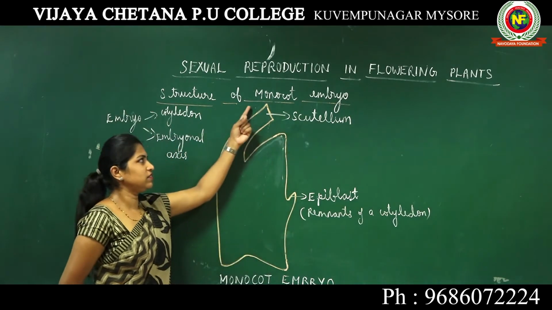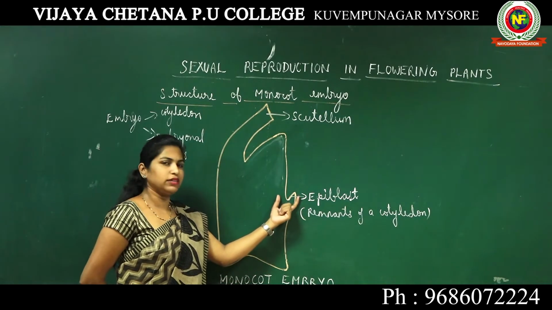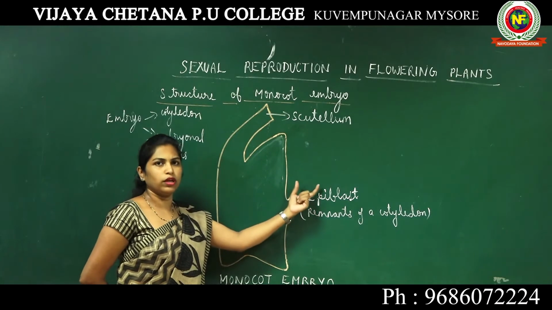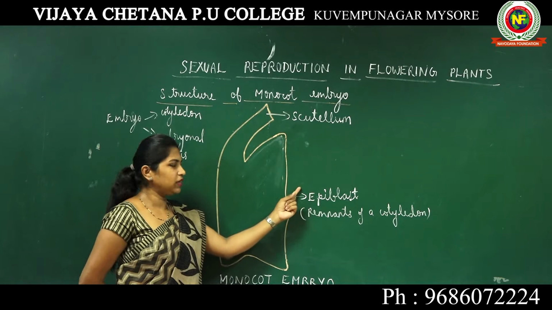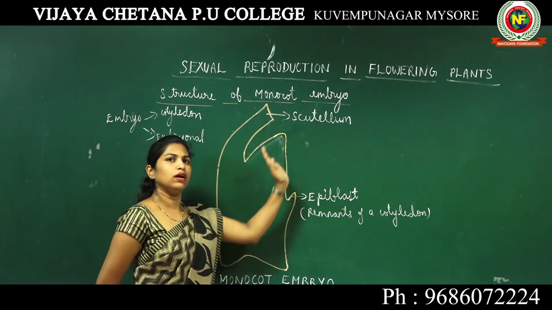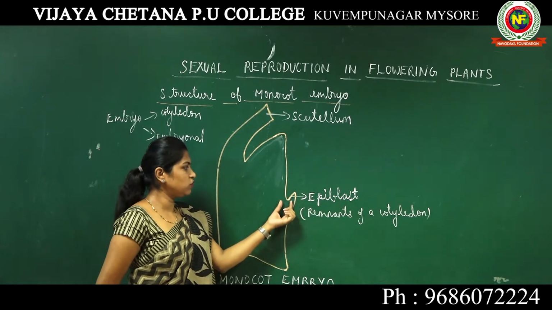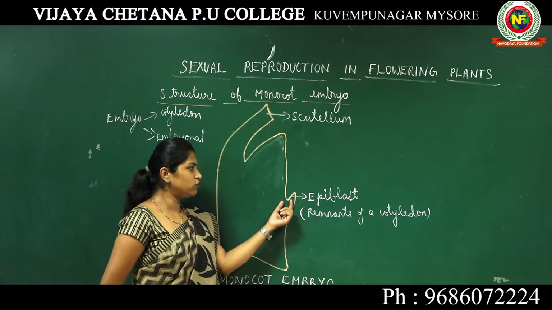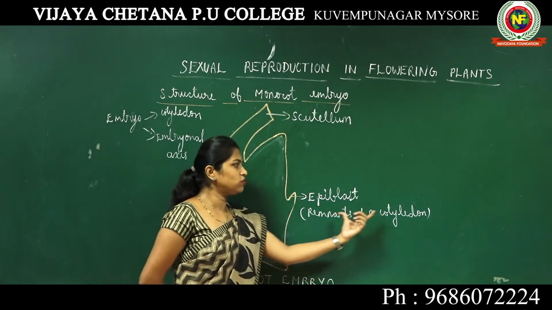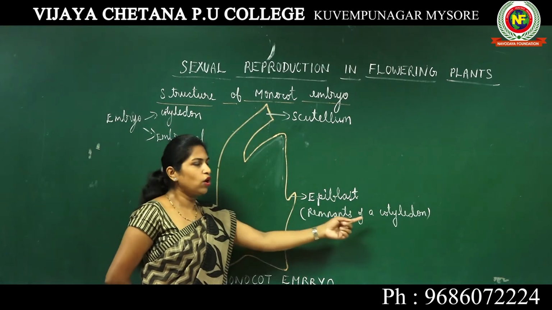However, since it is a monocot, the cotyledon stopped itself from growing. This part stopped itself from growing into a new complete cotyledon. So this part of the embryo is referred to as epiblast, which can also be referred to as remnants of a cotyledon, that means the leftover part of a cotyledon.